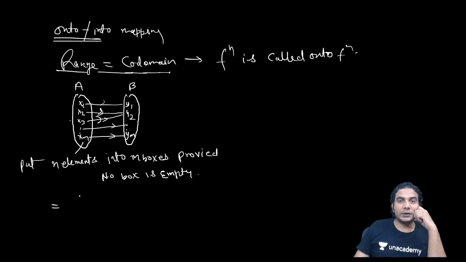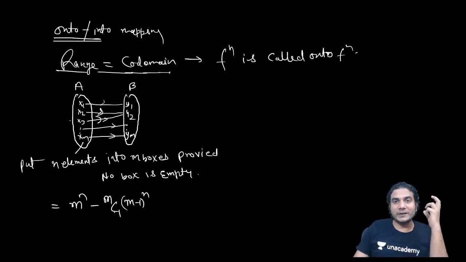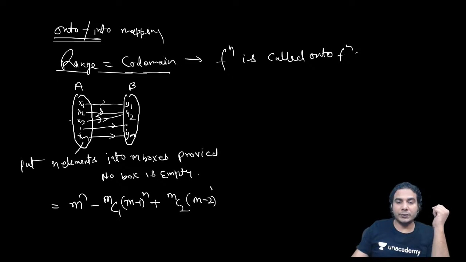So total number of functions was m raised to n. And when boxes are not empty, then this is the formula. I'm directly writing the formula: mC1. Just remove one box and fill the remaining boxes, (m minus 1) raised to n. Okay, by doing that, two boxes are empty that you have removed two times. So you'll have to add that. So plus mC2 (m minus 2) raised to n.